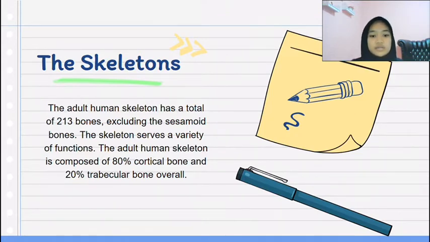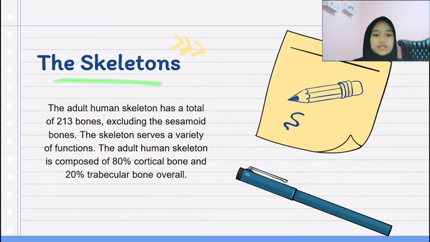The four general categories of bone are long bones, short bones, flat bones, and irregular bones. Long bones include the clavicles, humeri, radii, ulnae, metacarpals, femurs, tibiae, fibulae, metatarsals, and phalanges. The short bones include the carpal, tarsal bones, patellae, and sesamoid bones.